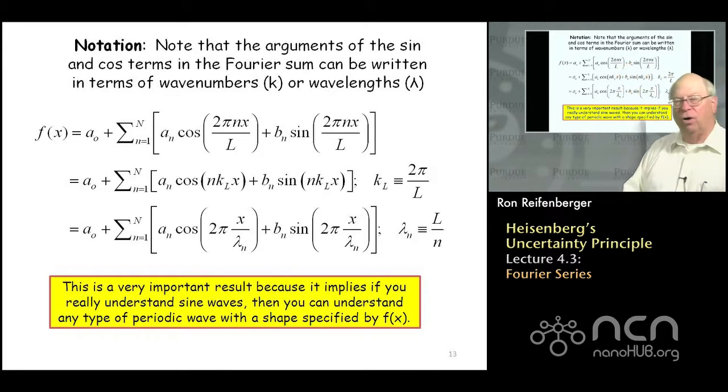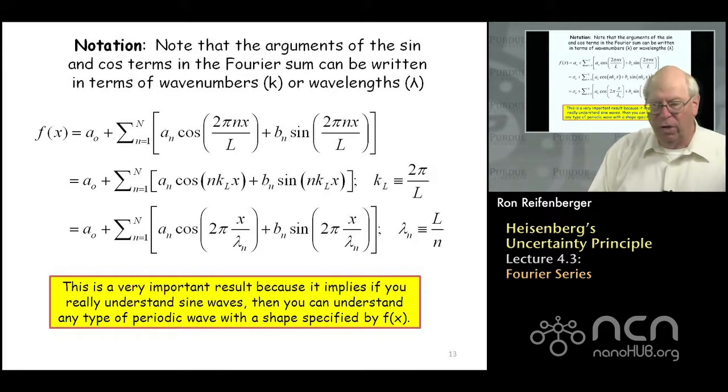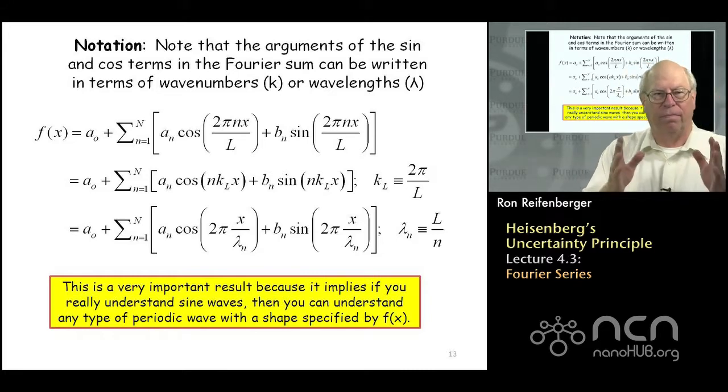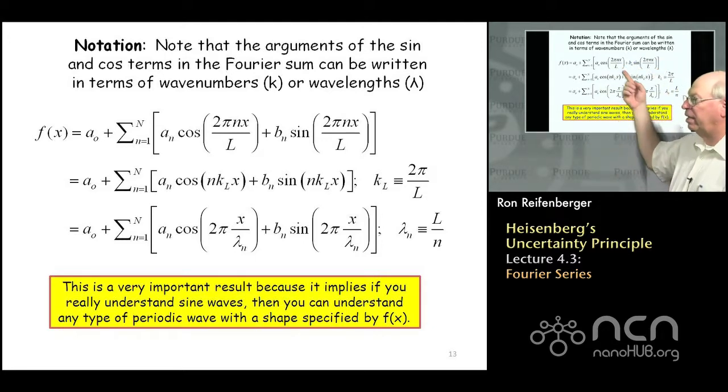So if you want to explicitly emphasize the repeat distance, capital L, then what you tend to do is write the cosine and sine arguments in terms of capital L. If you're more of a wave vector person, if you want to emphasize the wave vector k of these contributions to the function f of x, then you can rewrite the Fourier series in terms of a parameter k sub L, where k sub L is defined as 2 pi over L, where L is the repeat distance.